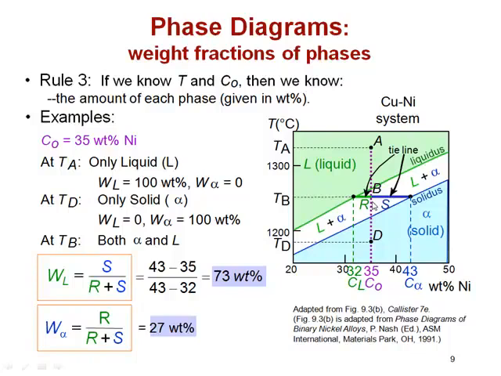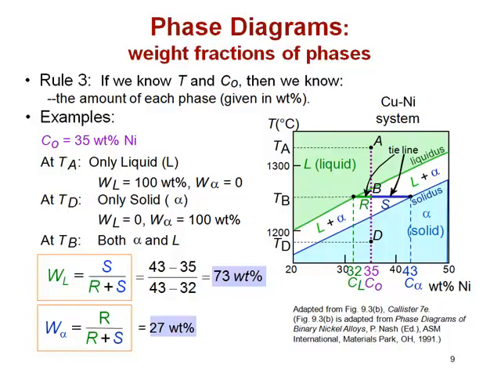Look, point B. We are provided with the composition, which is 35%, and we are given the temperature, which is whatever it is, say 1250. That's given in the question? It is given, yes. You are provided with composition and temperature, so you can find the exact point in the phase diagram.